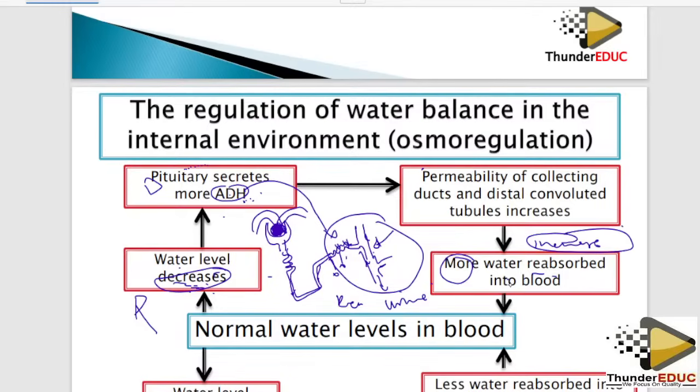More water is reabsorbed back to the blood. In other words, you're going to produce more concentrated urine. The urine is going to be more yellowish. Less water is going to be lost as urine, and more salts are going to be lost as urine. That's the meaning.